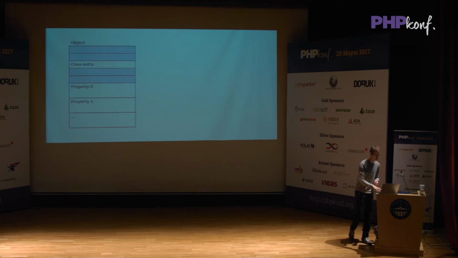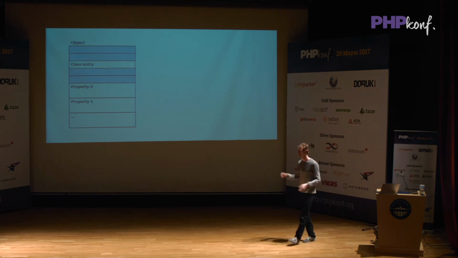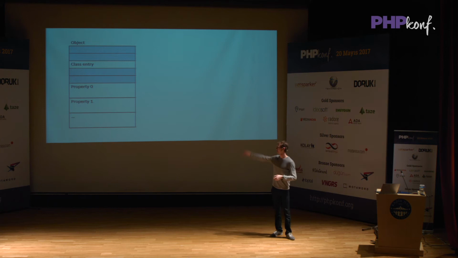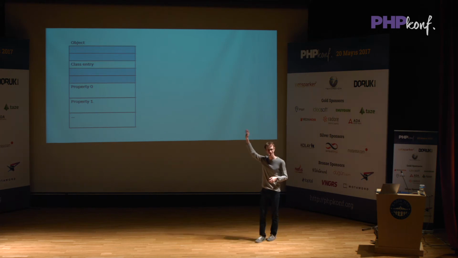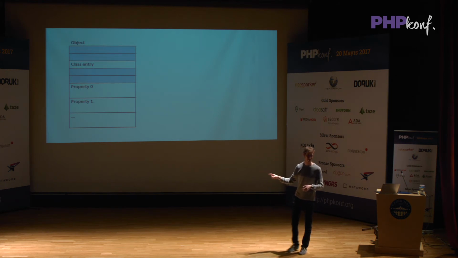So for the object, the internal layout on a very abstract level looks basically like this. An object has some kind of metadata, which I have not shown. It stores which class it belongs to, and it has slots for the property values.